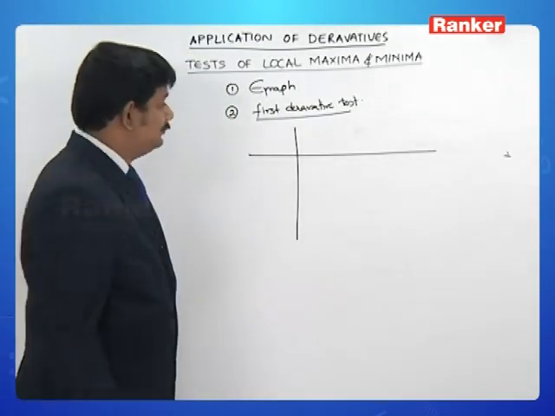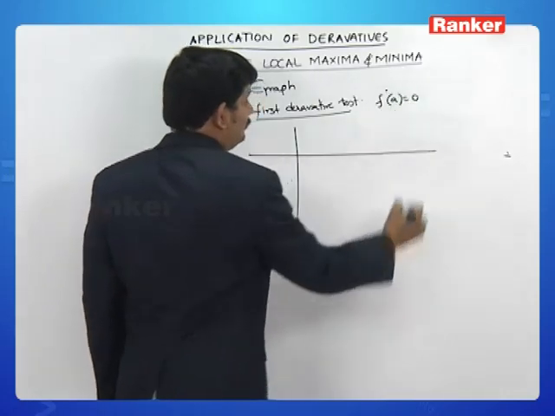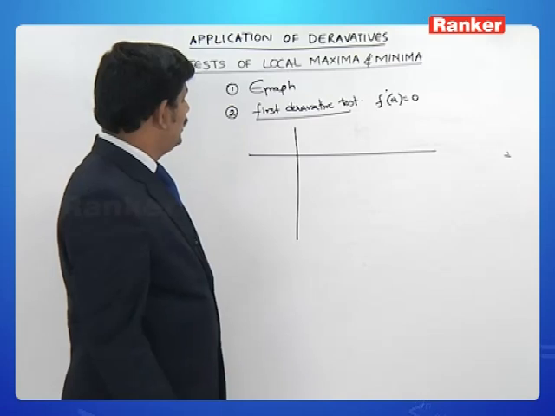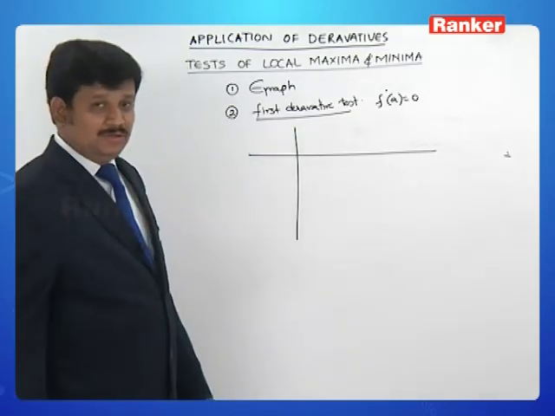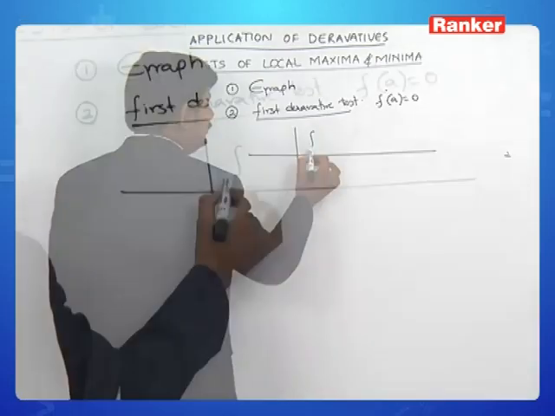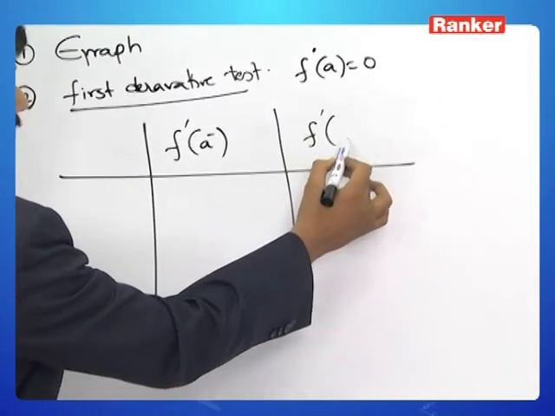Briefly, at a point which is a critical point, because the derivative is 0, let us say we are discussing local maxima and local minima at a critical point A, where f dash of A is equal to 0. Now, let us see the sign of f dash A minus and the sign of f dash A plus.